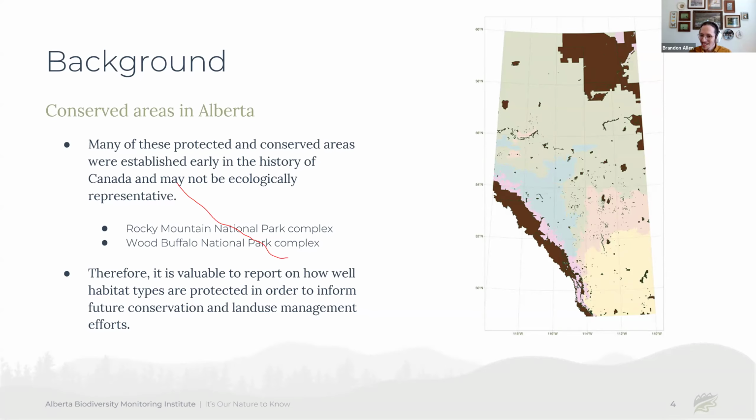The mountains are very majestic and very scenic and fit the ideals of the time. They weren't necessarily choosing Banff National Park to become a protected area because it represented the ecological communities of the time or had an ecologically representative, balanced distribution of protected areas across the province.